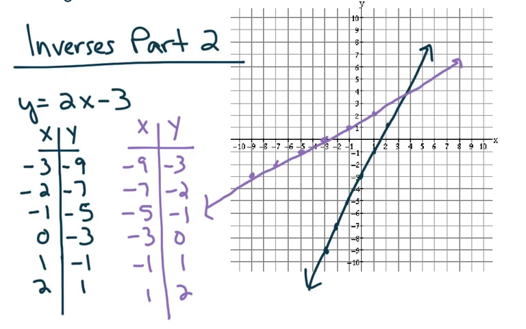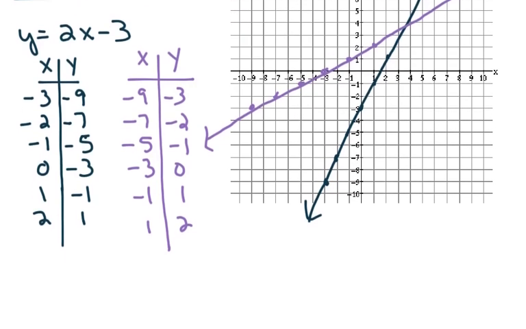Well, what's the equation of that purple line? One way I can find it is to use 2 points on the graph, find the slope, and then find the y-intercept using something called point-slope form.